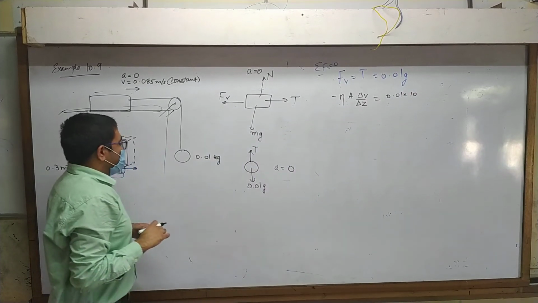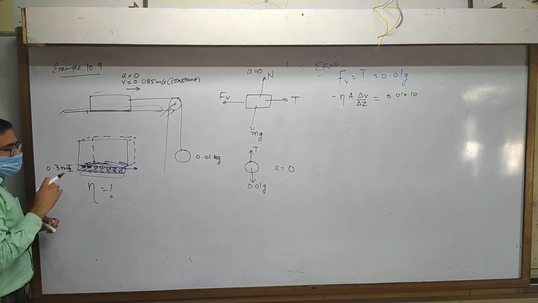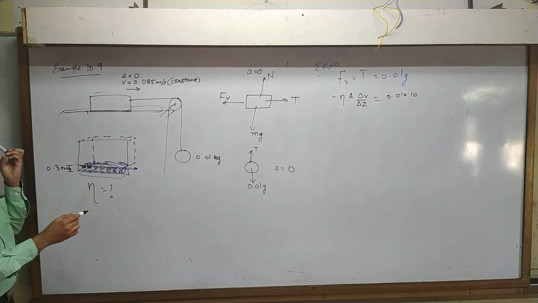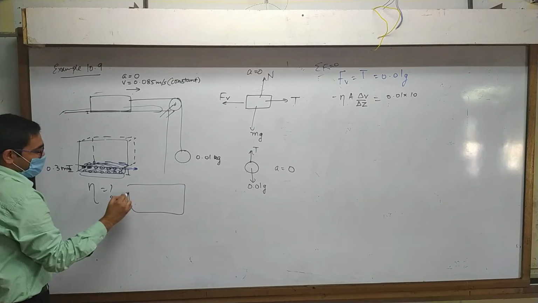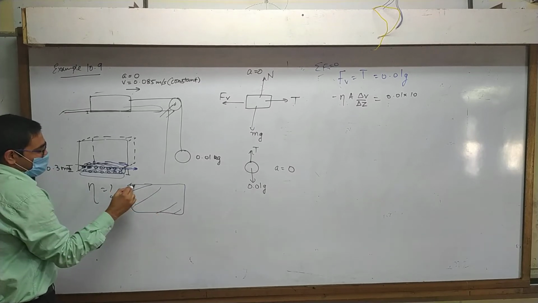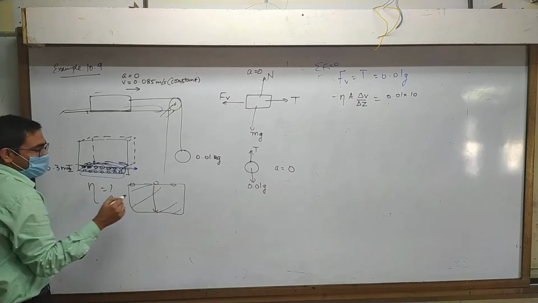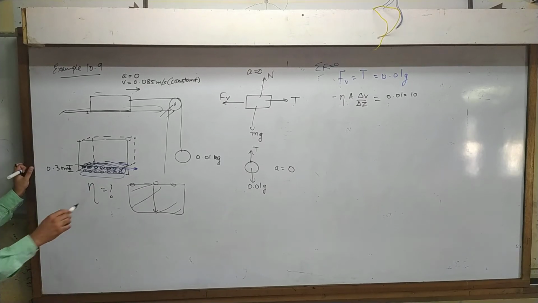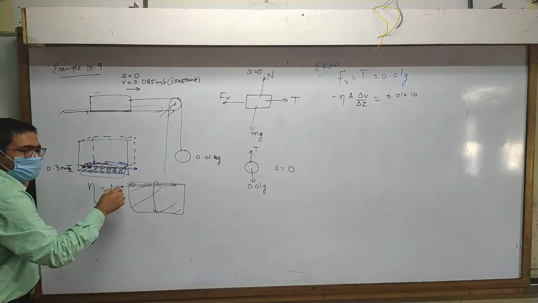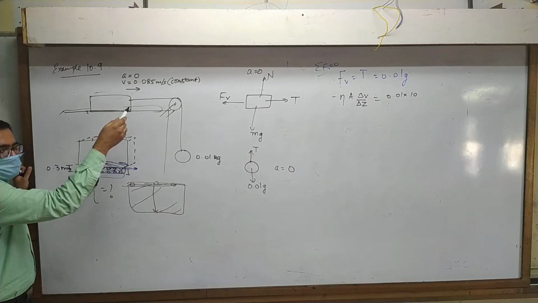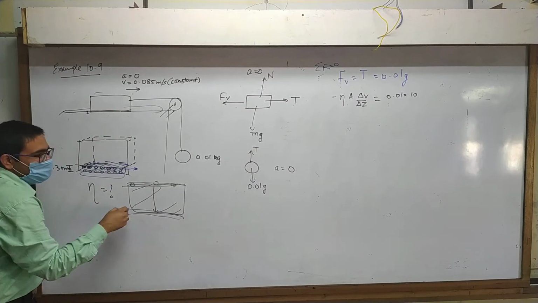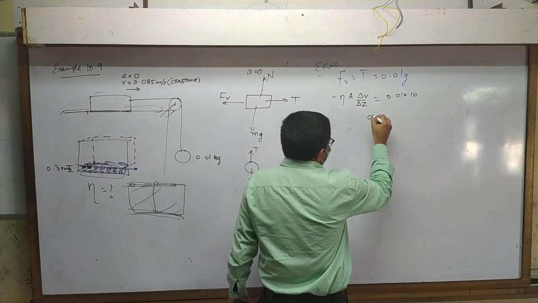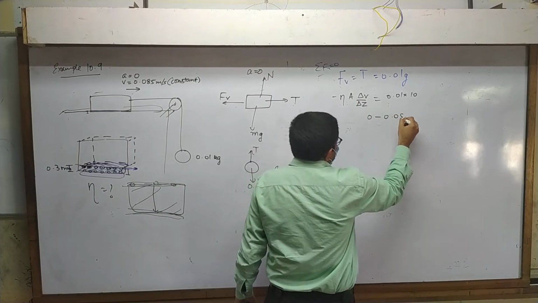Now, let's put the value of delta v. As you go from upper to lower, let's say this is that film. Again, just to clarify, as you go from upper to lower, how much is the change in velocity? At the top the speed is 0.05, and at the bottom the speed is 0. So this will be final minus initial.